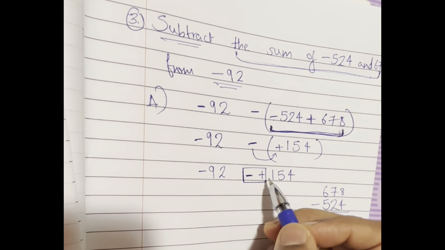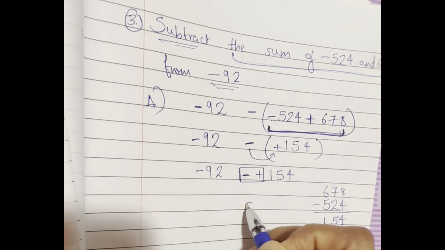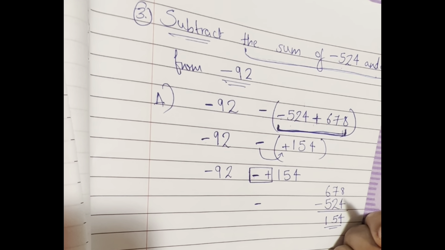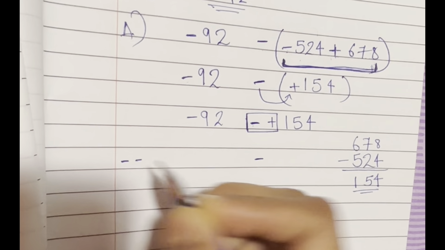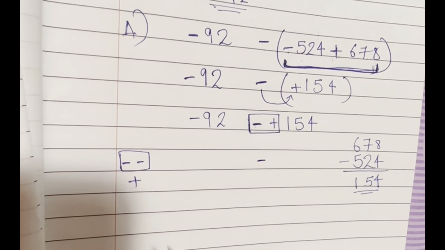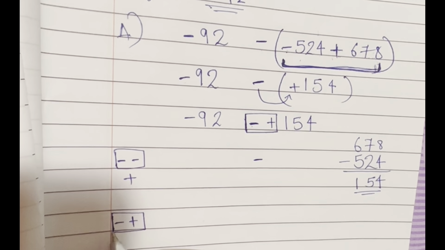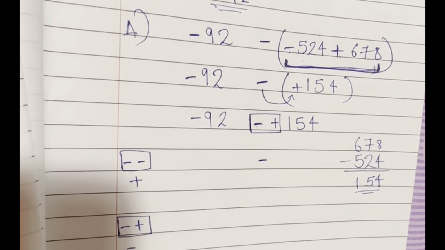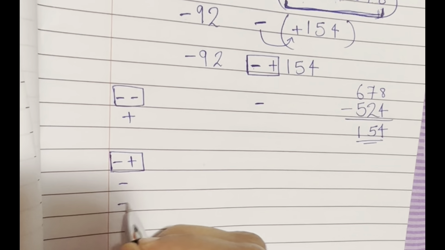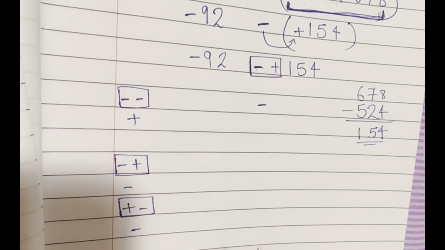We know when minus and minus come together it becomes plus, but when minus and plus come together it becomes minus. You have to remember that. Again, if plus and minus come together it becomes minus.